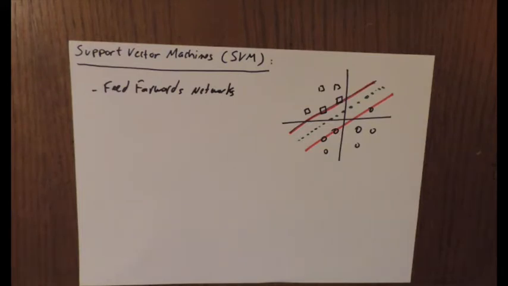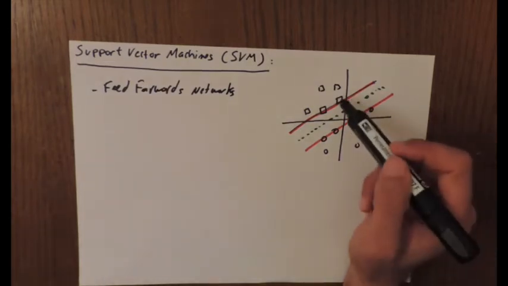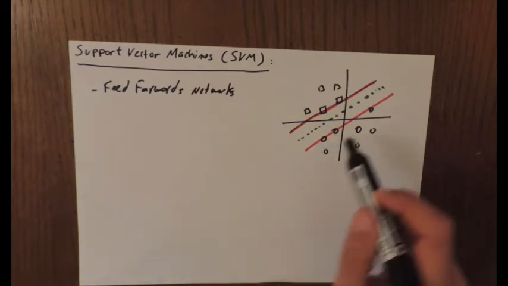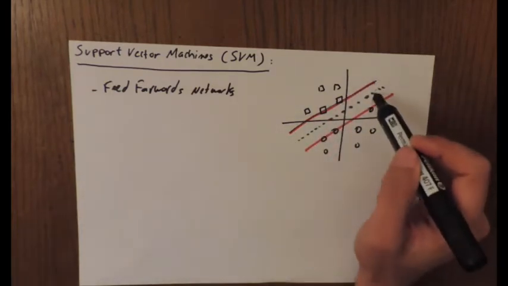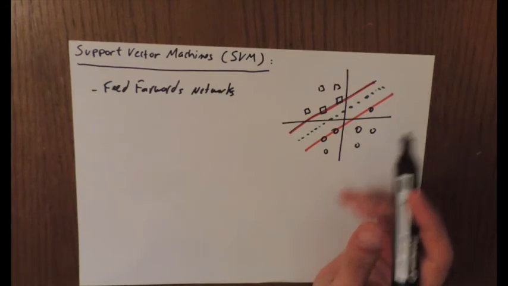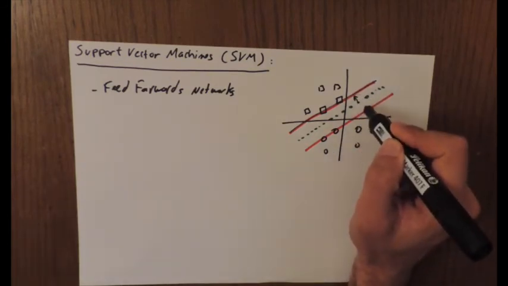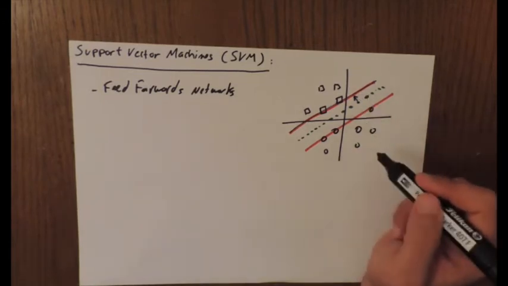If we would like to put this in context, given a training sample, the support vector machine constructs a hyperplane that maximizes the separation margin between the two classes.